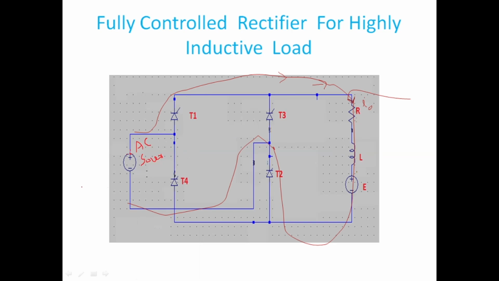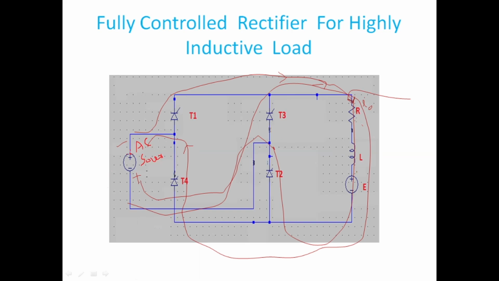And again in the negative half cycle, what happens? This side becomes positive and this side becomes negative. The current will come here, current flows in this way, flows here, and it flows in this way. So this is the arrow.